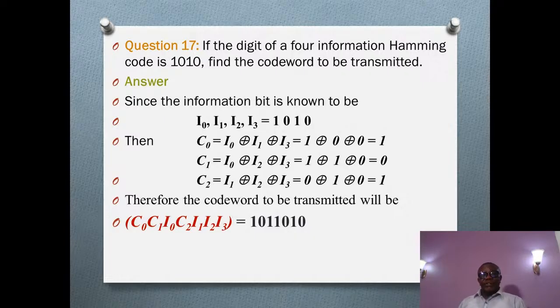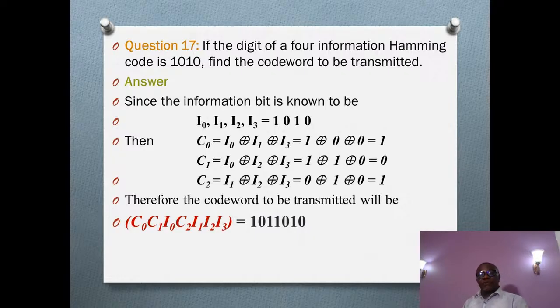I naught is 1, from the information bit, you put that. C2 is what? 1, you put the 1. I1 is 0, you put the 0. I2 is 1, you put the 1. I3 is 0, you put the 0. So this is what your code word will be transmitted.